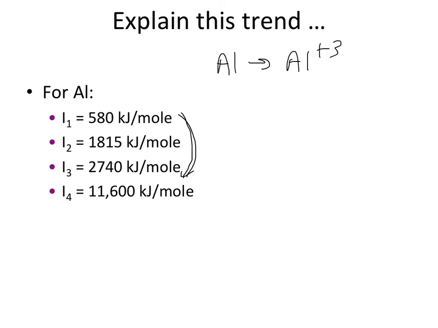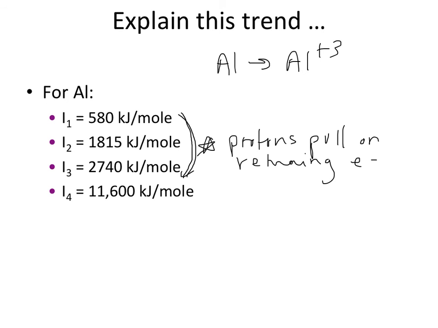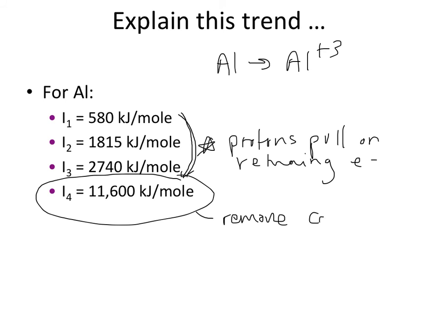So this is normal. We expect this because the protons pull on remaining electrons. So this is logical. Now, this huge jump that we see here when we go to remove that 4th electron is being caused because we are trying to remove core electrons.